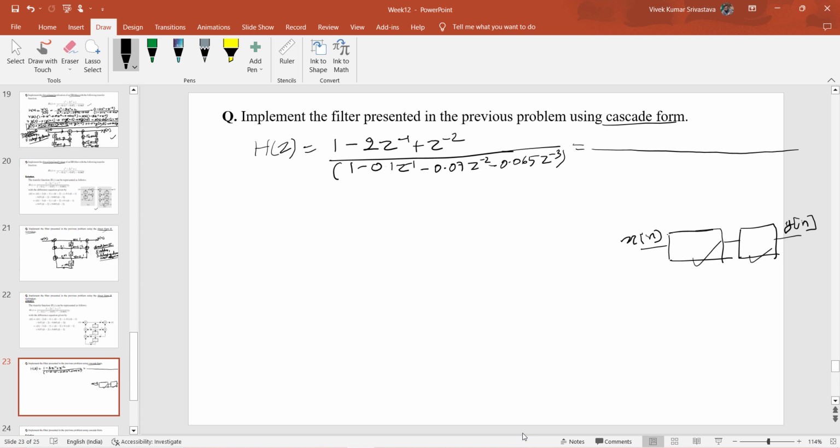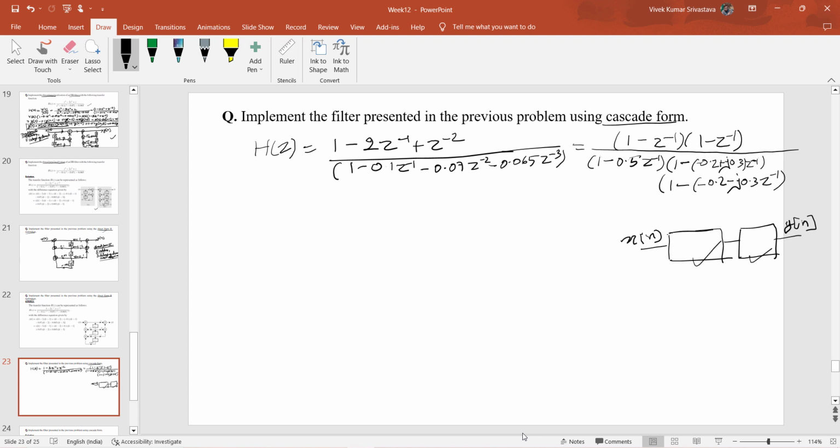After factorizing it, you will get 1 minus 0.5 z raised to the power minus 1, into 1 minus 0.2 plus j 0.3 z inverse, into 1 minus 0.2 minus j 0.3 z inverse in the denominator, whereas in the numerator this will be 1 minus z inverse into 1 minus z inverse.